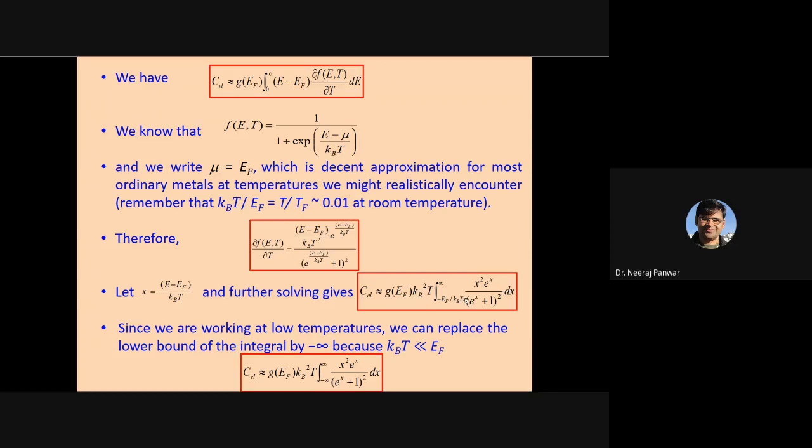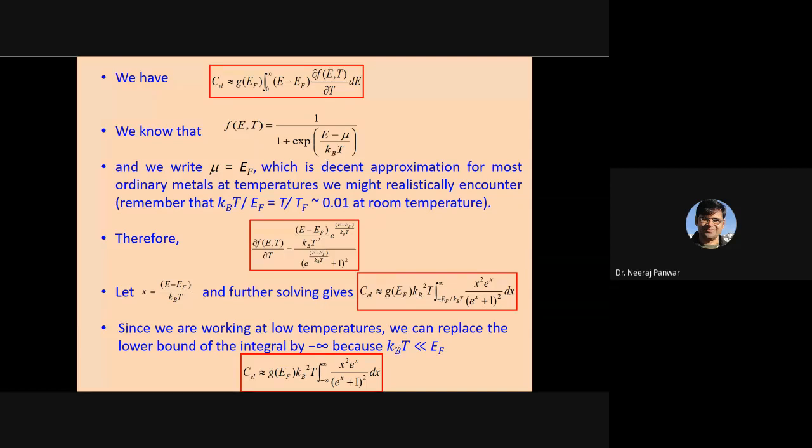Now we are working in a temperature range where kBT is much, much smaller than the Fermi energy. As I told you, the kBT value at room temperature is 25 to 30 milli electron volt, and the Fermi energy is of the order of 1 to 15 electron volt. Therefore, kBT is much, much smaller than EF, and therefore EF upon kBT would be very high, and this is minus.